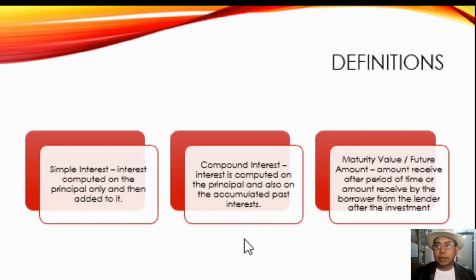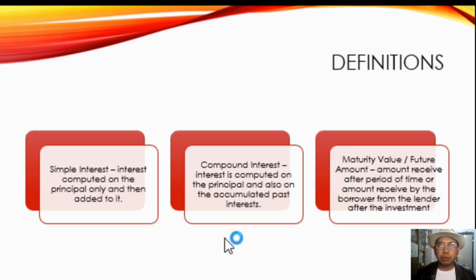To further understand the compound interest, let's try to have an illustration. Shall we say you loan 1,000 pesos from a lending institution, and that lending institution charges you 10% compounded annually, and that will be paid for at least 2 years. So how is the computation?